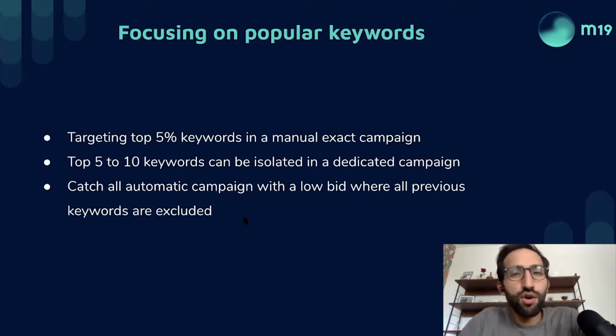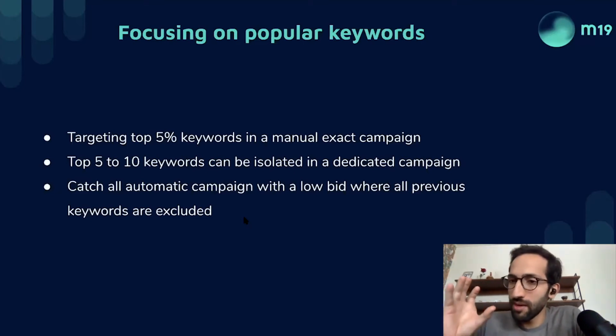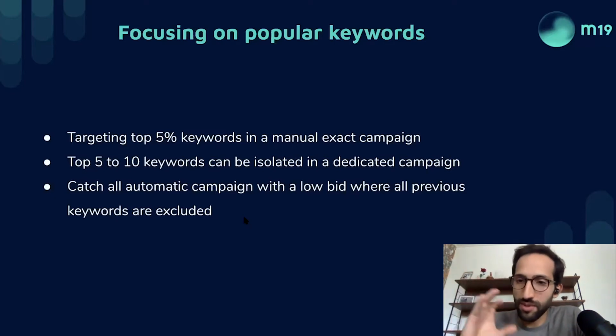So, focusing on popular keywords. It can be done through targeting top 5% keywords in an exact campaign. Pretty easy, a manual exact campaign where you will be using only top 5% keywords. I will show you after an example of one way of finding them.